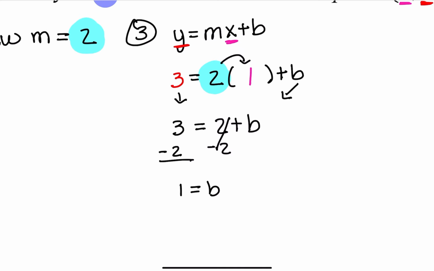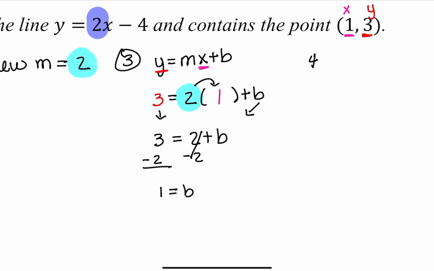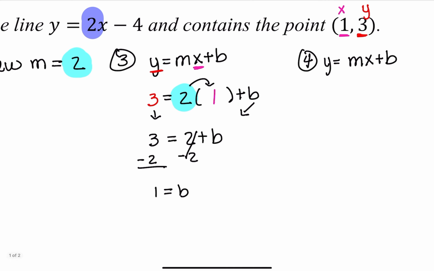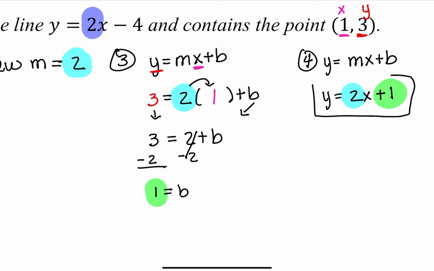Now step 4 is write your new equation, still using mx plus b. Your new m is 2, so same 2 as what I've highlighted. Your x and your new b is a positive 1, which is right here and right here, and that is your new equation.